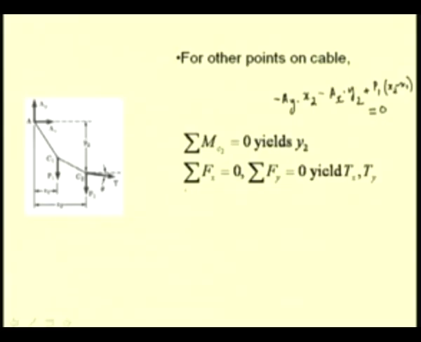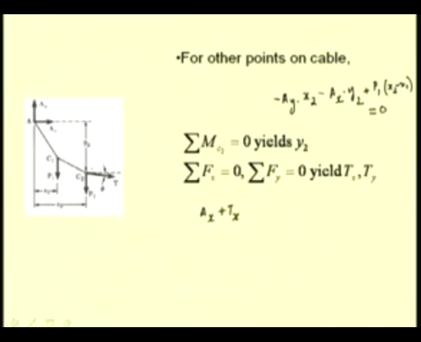The other two equations, that is sigma Fx equal to 0 and sigma Fy equal to 0, yield the other two unknowns, that is Tx and Ty. So, if we write this equation, let us say sigma Fx equal to 0, it is Ax plus Tx.